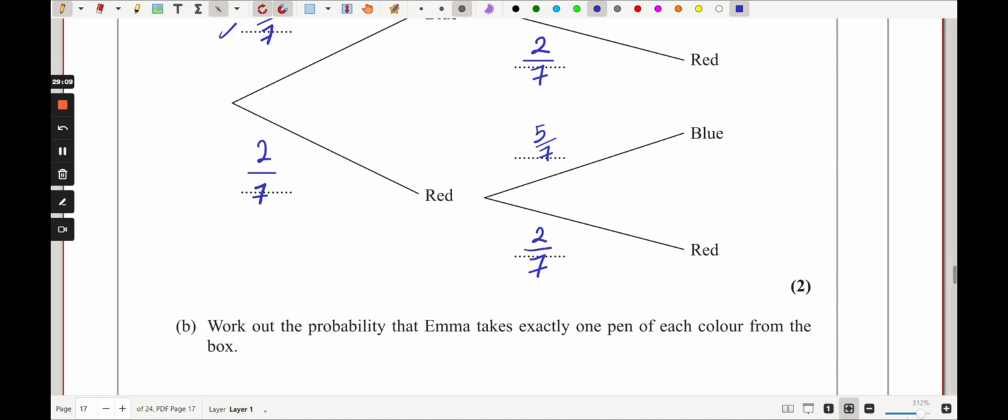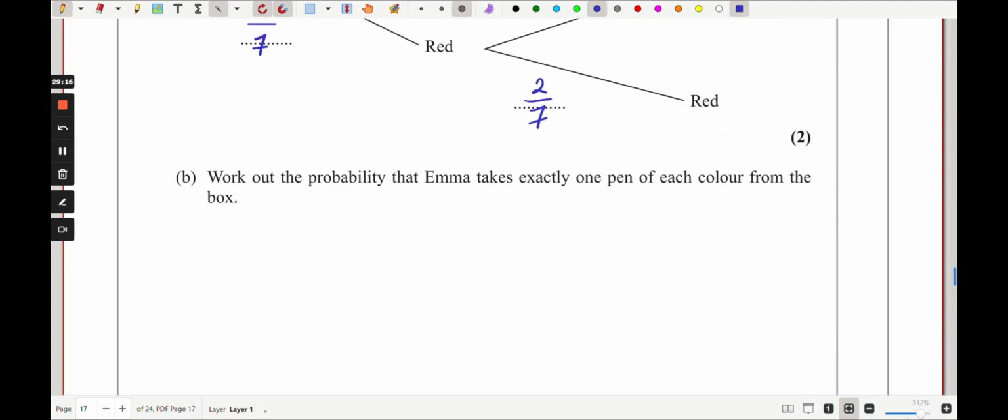Now work out the probability that Emma takes exactly 1 pen of each color from the box. So maybe she will take a blue and red, or red and blue.